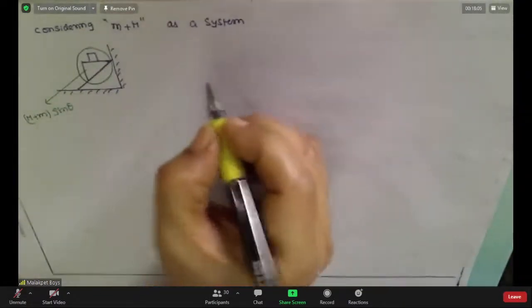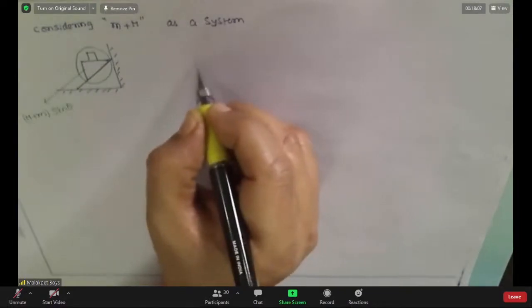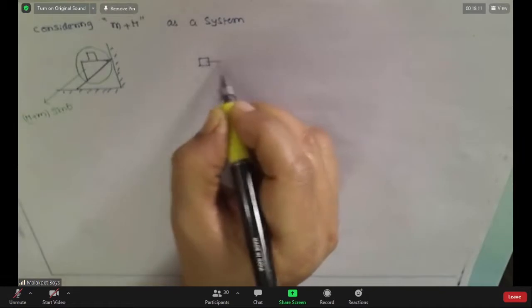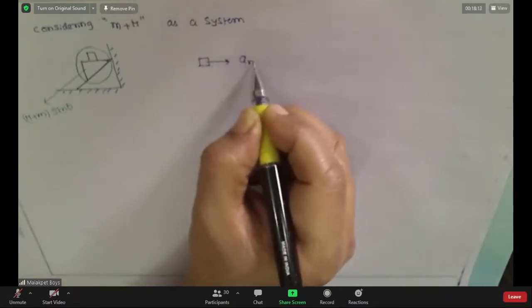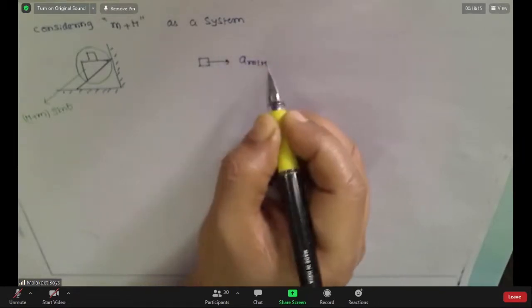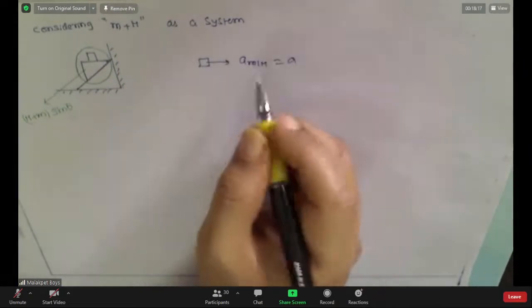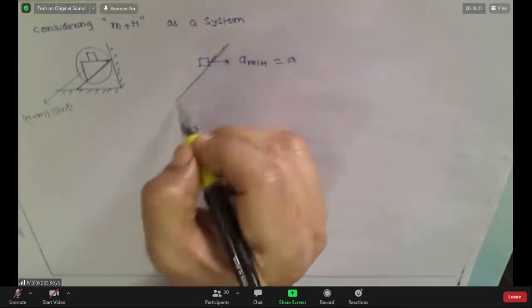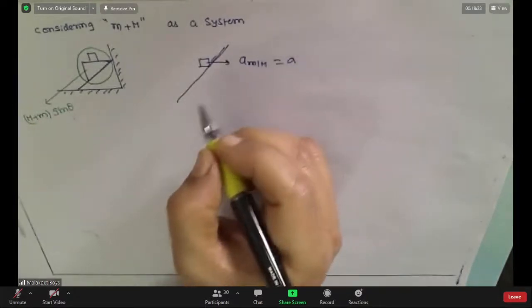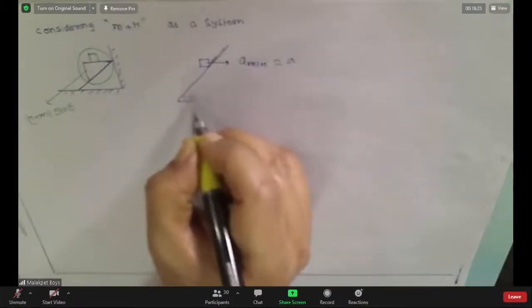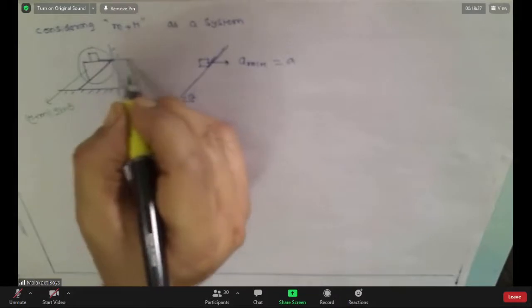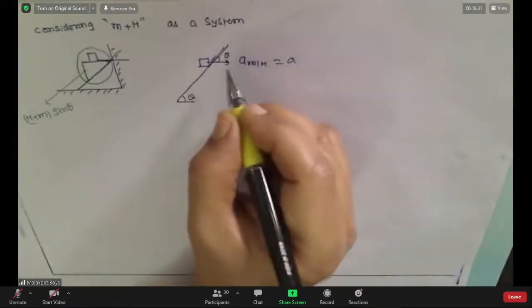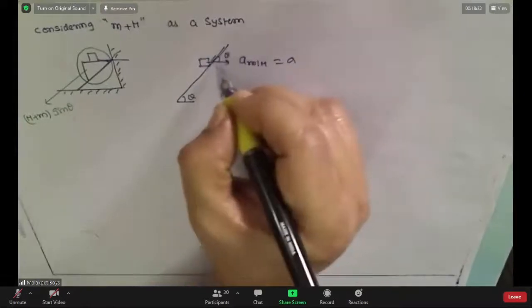Now you can see this block is having an acceleration like this. This is what I have taken now. That means this is the incline. Do you agree with this? Now this is theta. Do you agree with this or not? So this is also theta. So now you have to resolve that also.